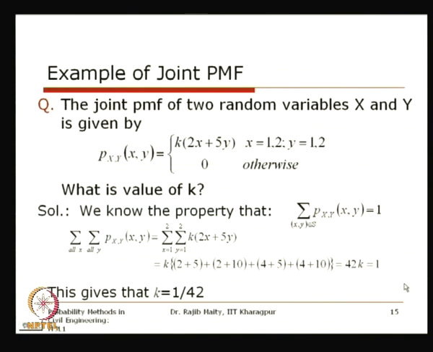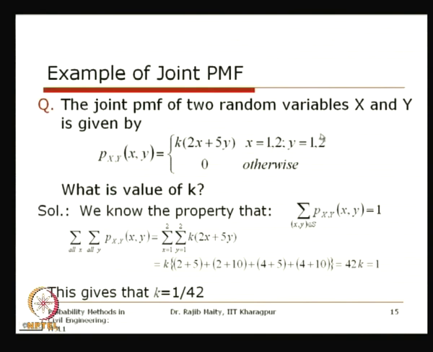Using those properties, we can quickly see one problem. The joint PMF of two random variables X and Y is given by this equation, that is p_XY = k(2x + 5y), where x equals 1, 2 and y equals 1, 2. That means x, y can take the values only 1 and 2.